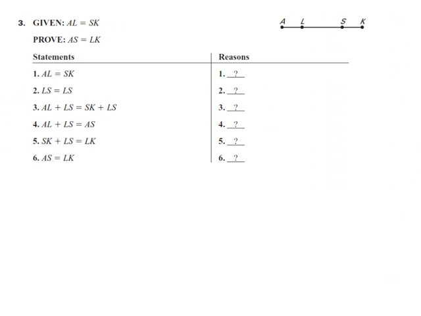Going to the last problem. AL equals SK. I'm marking up my diagram. Those two things, that is given. LS equals LS. Well, this has to equal itself, doesn't it? So what can we say about that? What property is that?